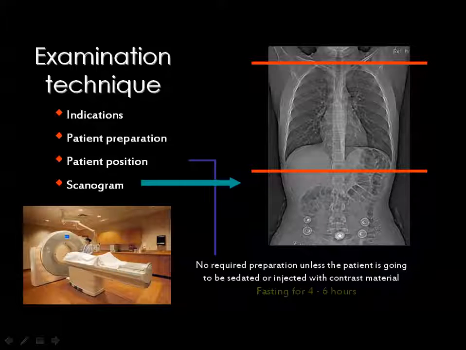Then we usually scan the chest of an adult every 1 centimeter and the chest of a child every 7 millimeter. Then after doing this, the machine will ask you another question: would you like to inject the patient with contrast or not?